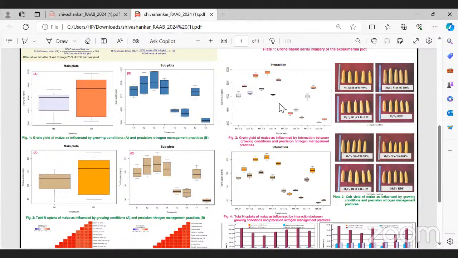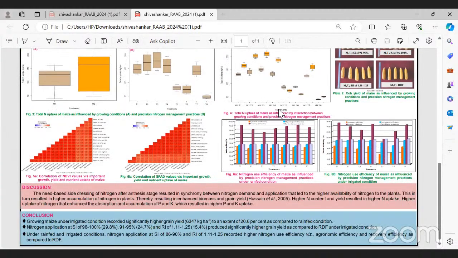Coming to the interactions, significantly higher grain yield and total nitrogen, phosphorus, and potassium uptake was recorded under the application of nitrogen at SPAD sufficiency index of 96 to 100% under irrigated conditions, which was on par with the application of nitrogen at SPAD sufficiency index of 91 to 95% and response index of 1.11 to 1.25. And these are the images of the crops obtained during the research period.